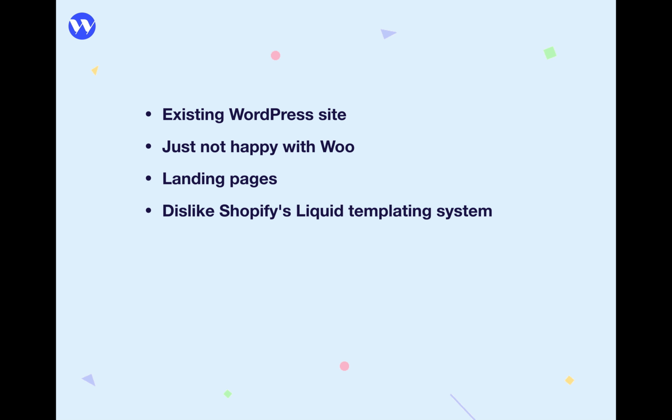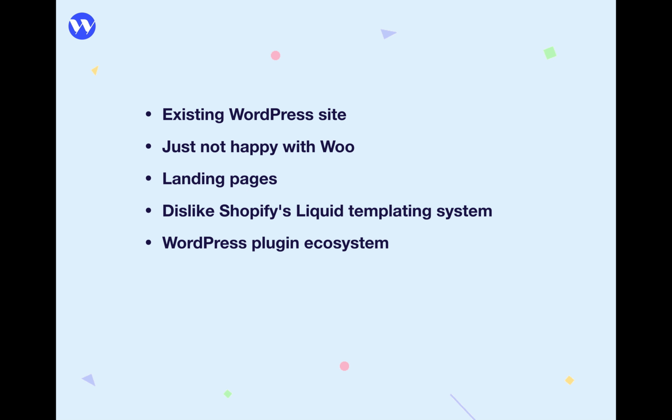Now, if you're a developer, maybe you just don't like using Shopify's templating system. Shopify is great at a lot of things, but I definitely think WordPress is superior in terms of its templating system. It offers much more flexibility in building custom layouts and building themes, and that's perhaps one of the reasons why you would want to use WP Shopify.